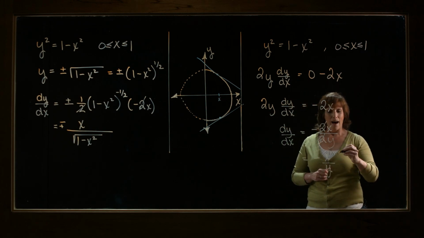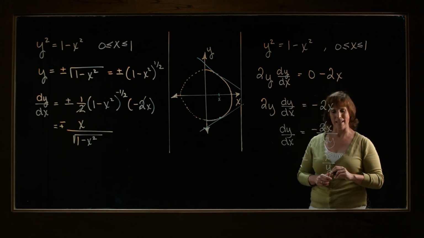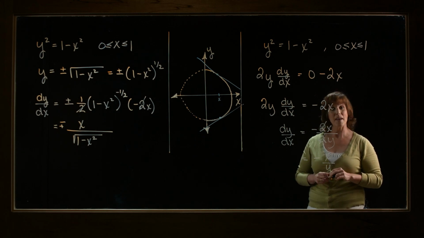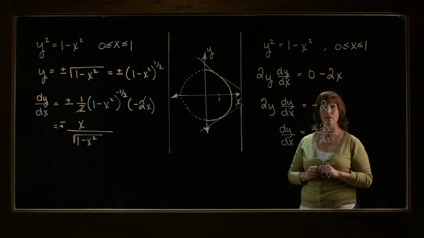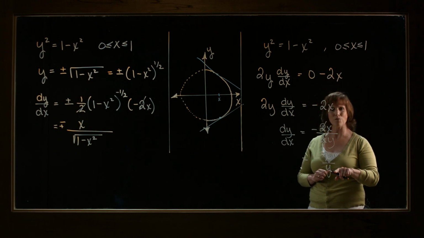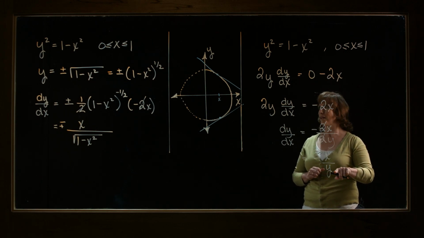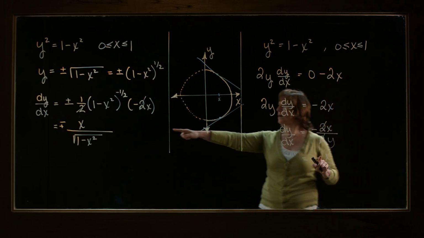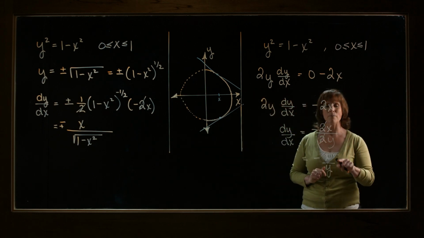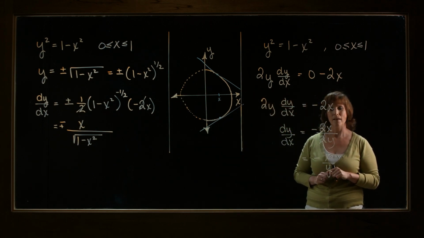Now, my derivative has y's in it, and that's a little different, but that's okay. Let's see, is it really the same thing that I had before? Well, if I were to solve my equation for y, what would it be? Plus or minus the square root of 1 minus x squared, and then my two answers would be exactly the same.